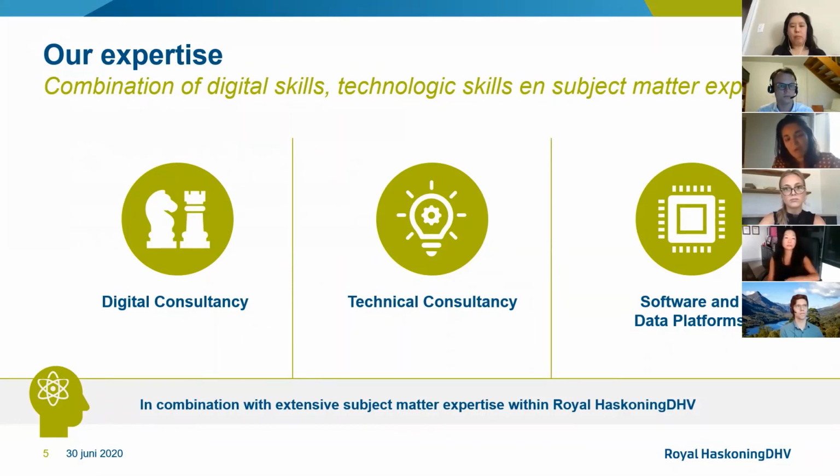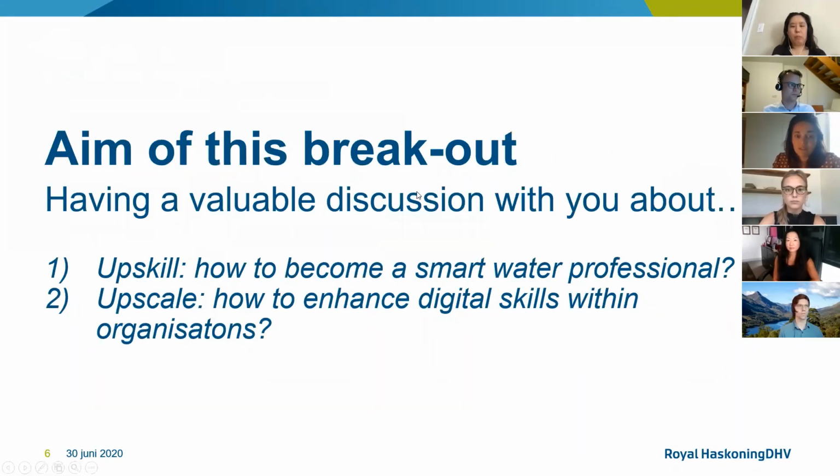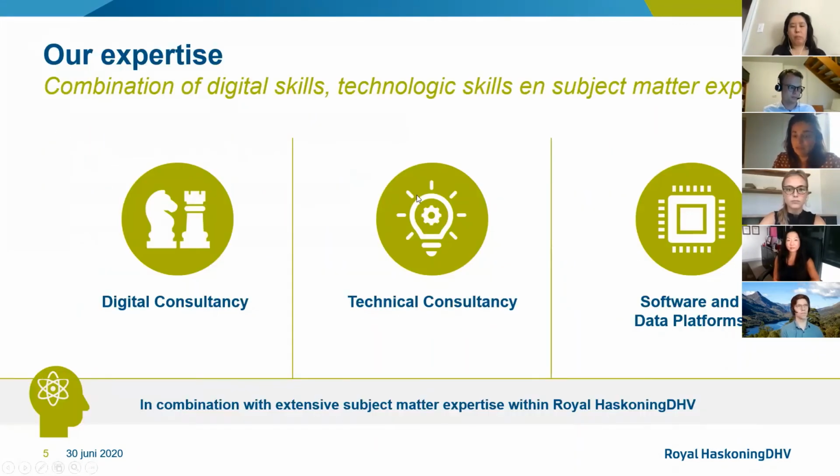And many people know us from the years of domain knowledge that we have already within Royal Haskoning DHV. So like hydrologist, ecologist, on every subject matter we have an expert. We have a great team of all kinds of experts, which we think is also needed to be successful in a digital way of working.